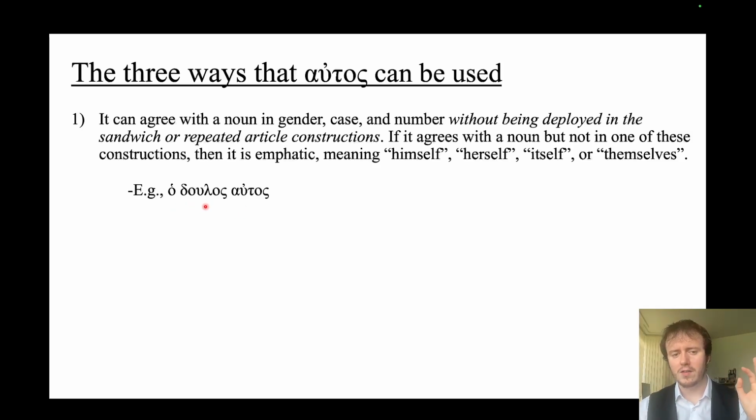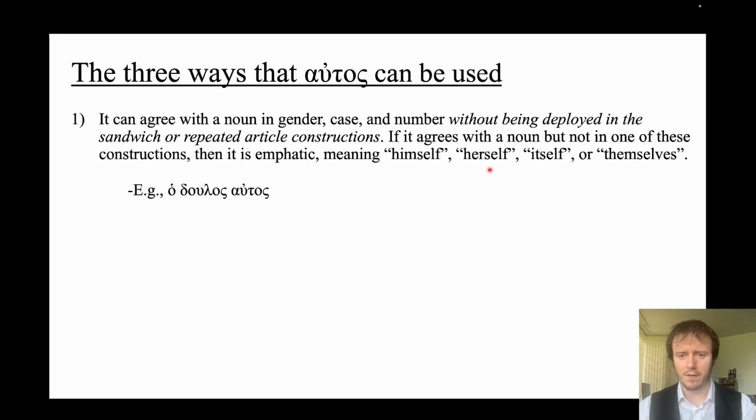However, it isn't going with it in the sandwich construction or the repeated article construction. It's just agreeing with it without being deployed in either of those two constructions. Okay? It's next to the definite article and noun. And so, this first set of meanings is being used.